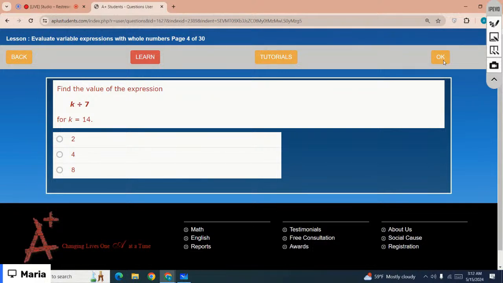Okay, find the value of expression k divided by 7. You have to evaluate for k equals 14. So simply replace the k by 14.